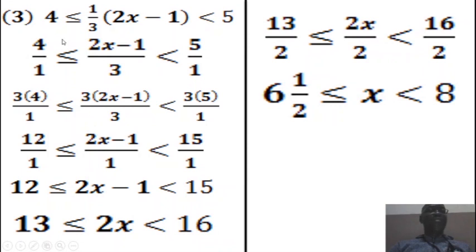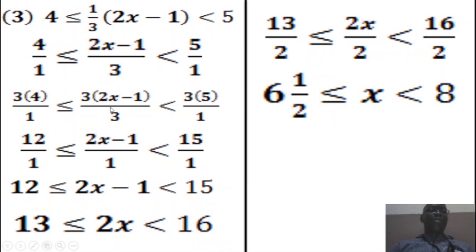Are you ready? Now, I've told you 4 simply means 4/1, and 1/3 of this means a whole of this over 3, while 5 is 5/1. Now check the LCM of 3, 1, and 3. The LCM is 3. So use 3 to multiply here, and multiply here, which will give you a whole of this.